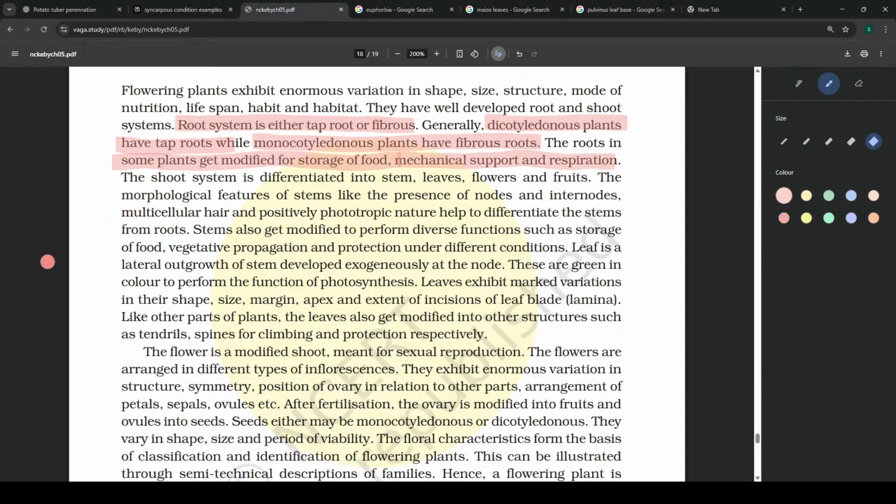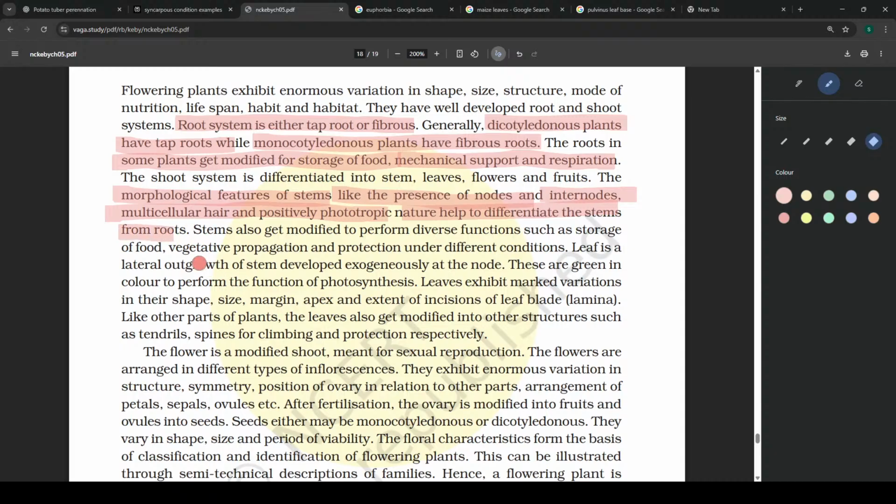Shoot system is differentiated into stem, leaves, flowers, and fruit. The morphological features of stem, like presence of nodes and internodes, multicellular hair, and positively phototropic nature, help differentiate the stems from roots.